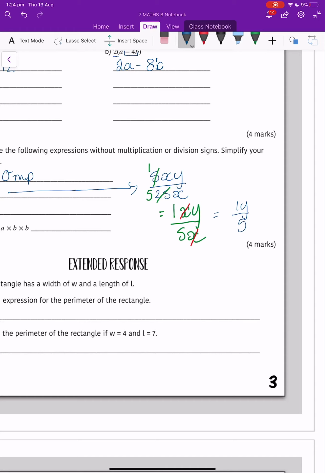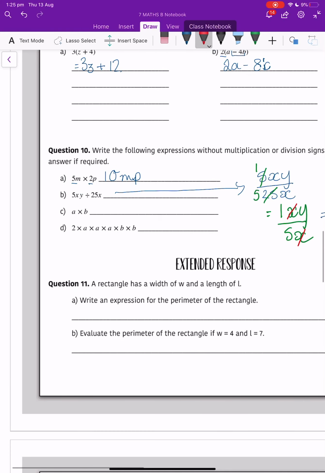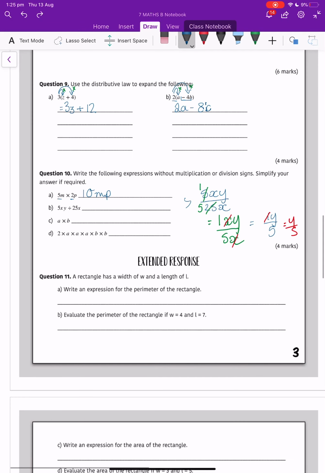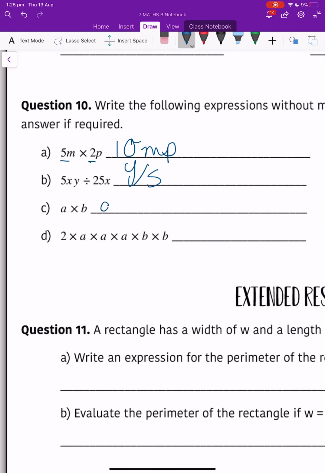And you actually don't need to write that 1. You can just write y over 5, and that's your answer, okay? A times b just becomes ab.